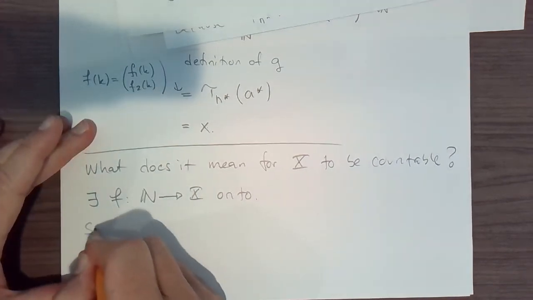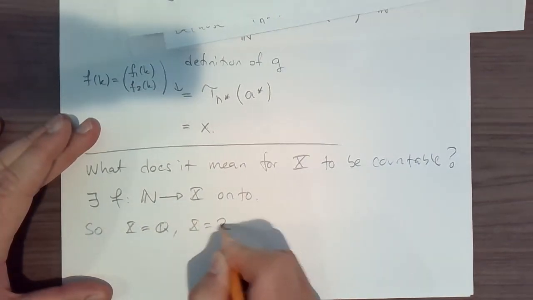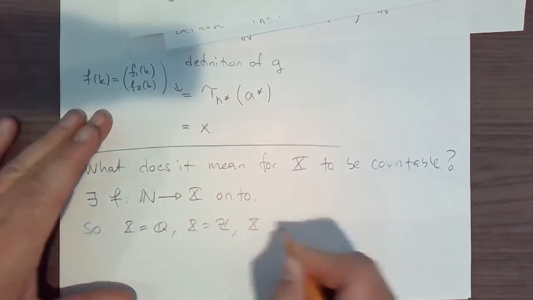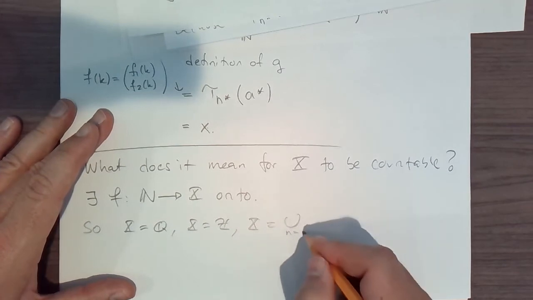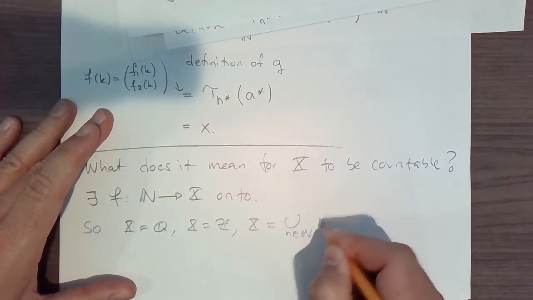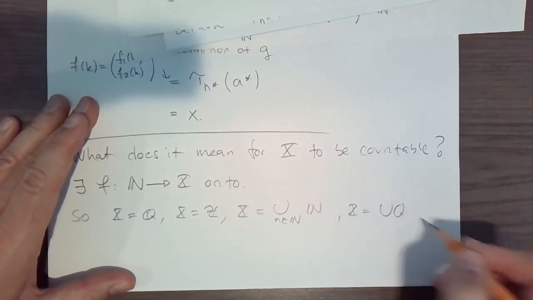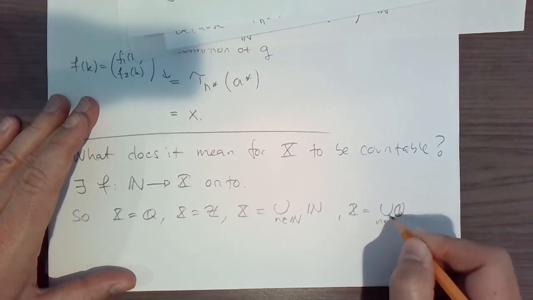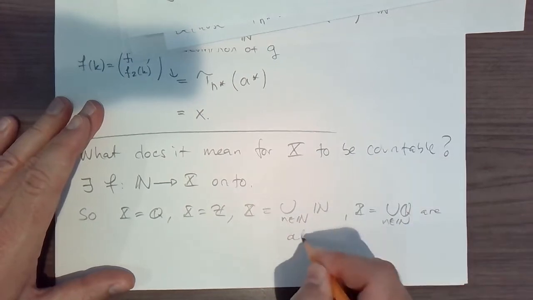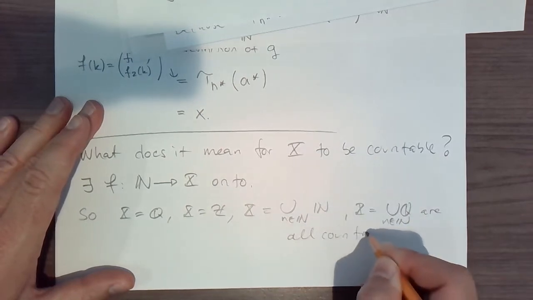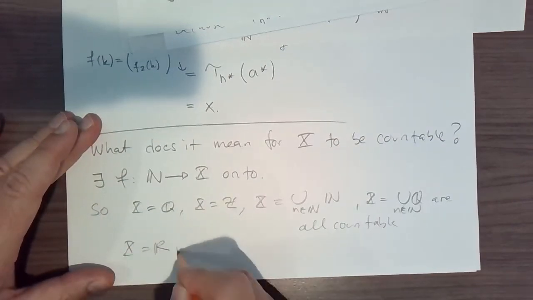So X equal to Q, X equal to Z, X equal to the union of, say, the natural numbers, or the union of Q countably many times. They are all countable. X equal to R is not.